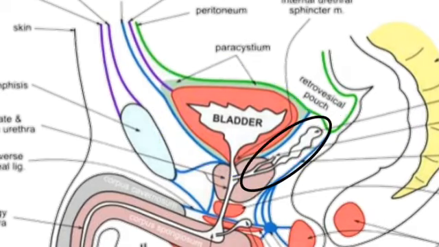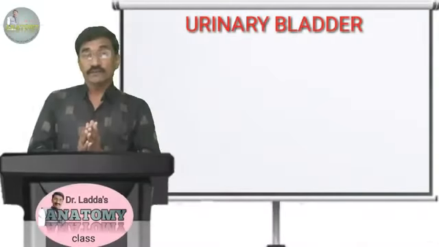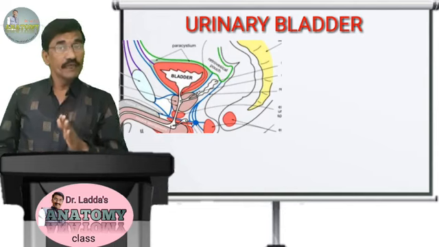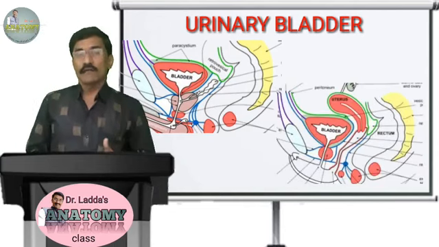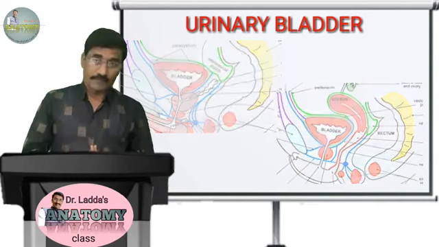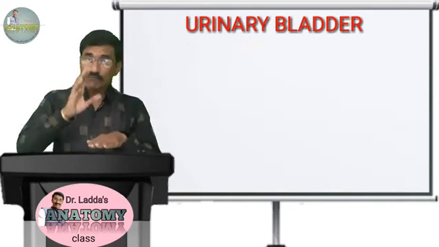While thinking about the relations, we are supposed to consider the bladder of male and the bladder of female, meaning the relations of male bladder and female bladder vary accordingly. Now let's move one by one.